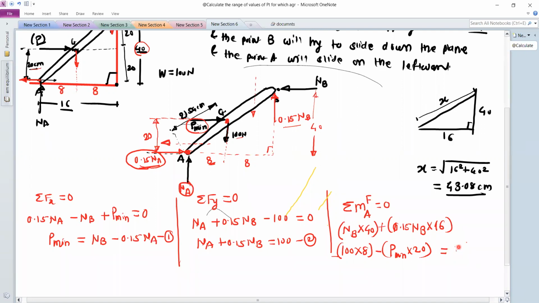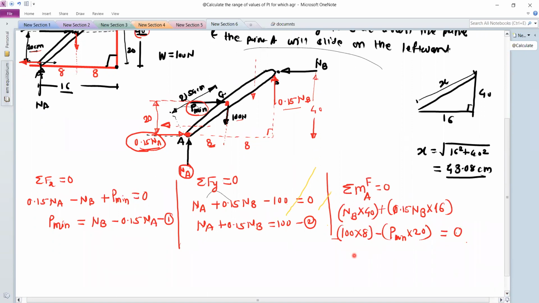Now equate this equation to 0. From this equation, you will get one equation in terms of NB and P minimum. Or you can put this value of P minimum, NB minus 0.15 NA, in this equation.